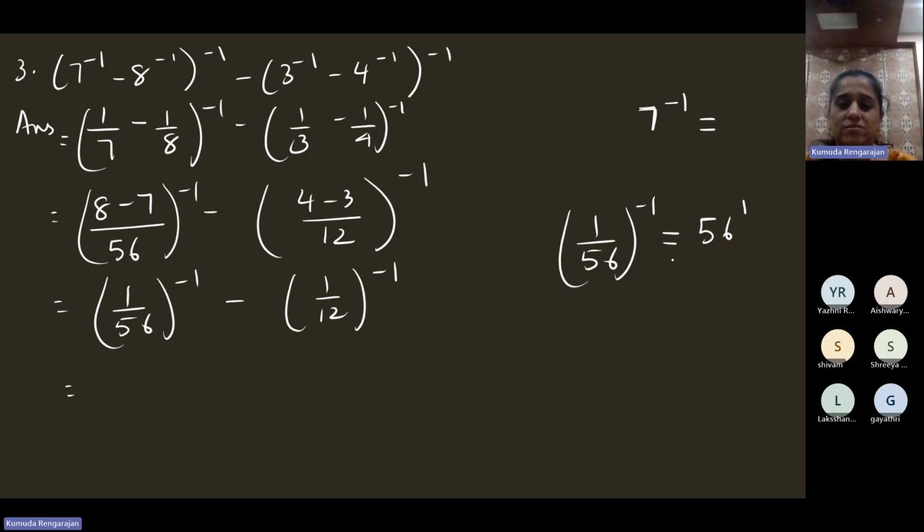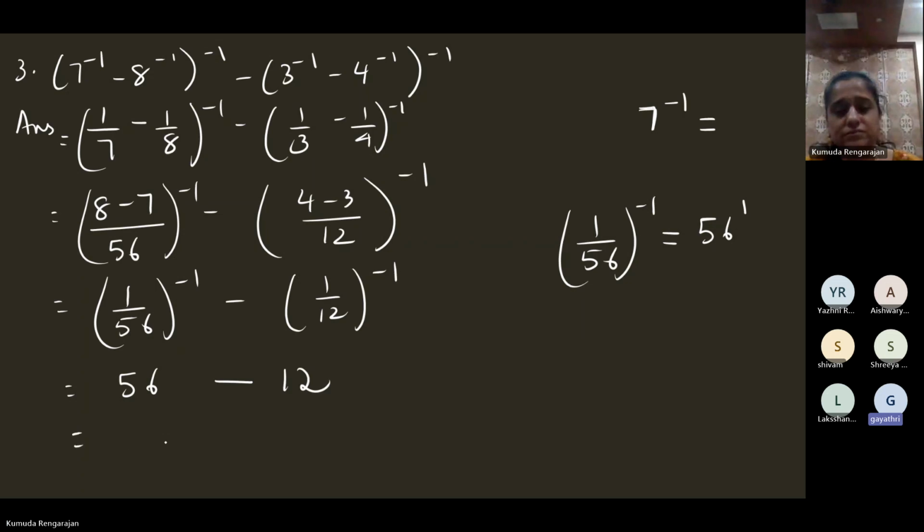Reciprocal of 1 by 56 is 56. The negative of minus 1 is plus 1. So 1 by 56 to the power minus 1 can also be written as 56 to the power 1.